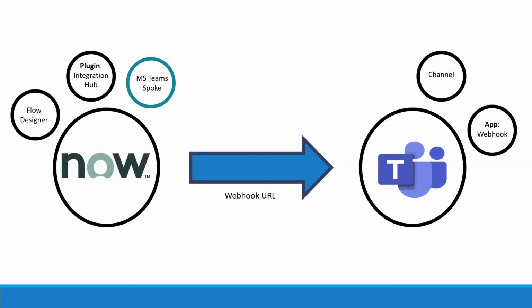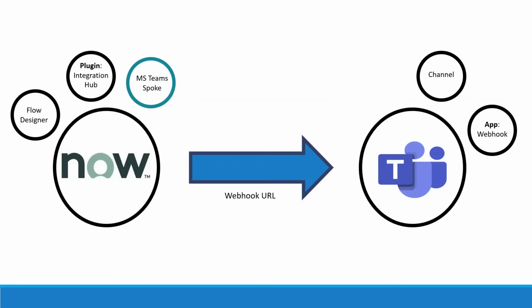Now, I'm going to do this demo on Quebec. If you haven't yet upgraded to Quebec on your PDI, do so. The Flow Designer interface you'll see in a minute is very slick and modern. I really like it actually. But what I noticed is that I didn't need to install Integration Hub. All I needed to do was activate the MS Teams Spoke. So we'll see that in a minute.